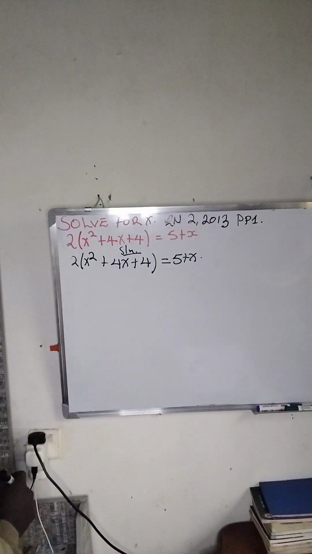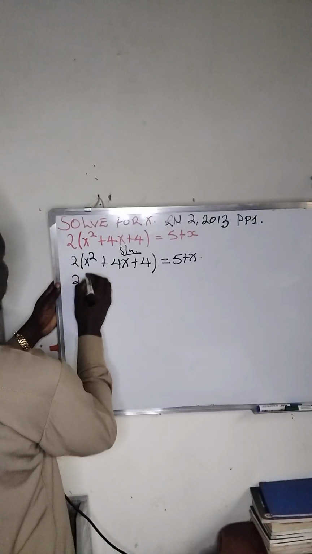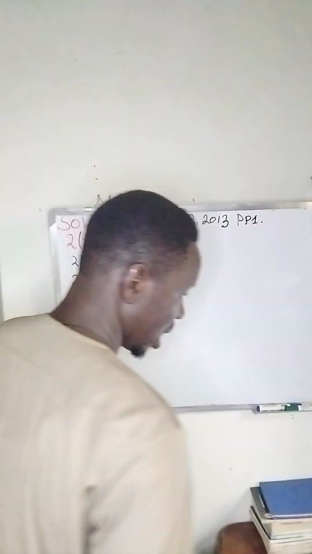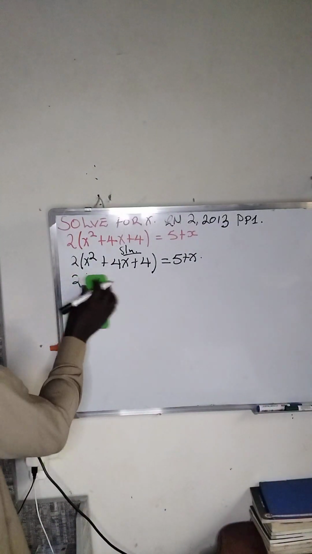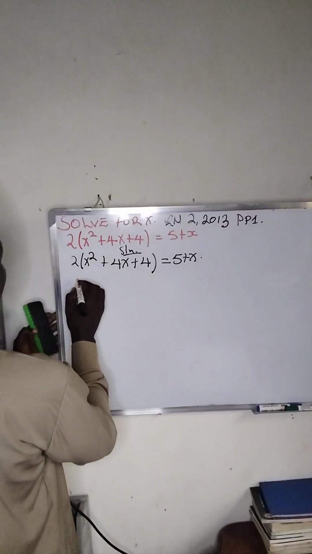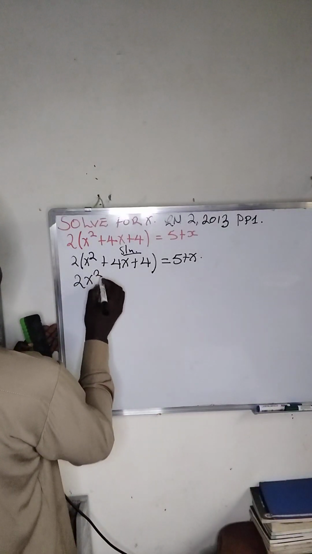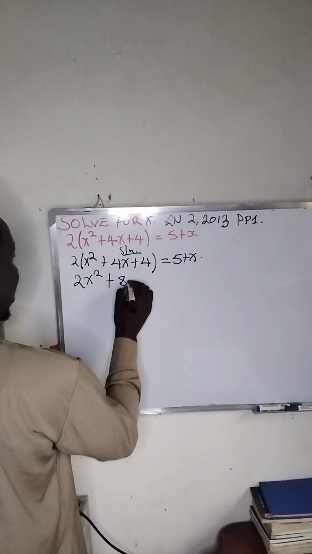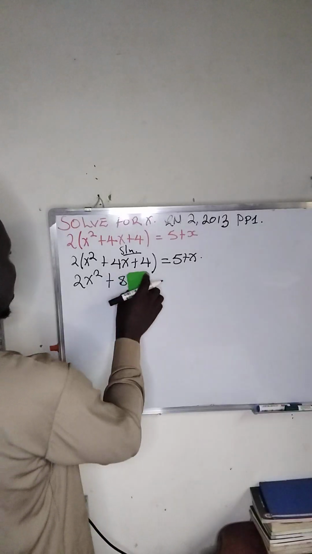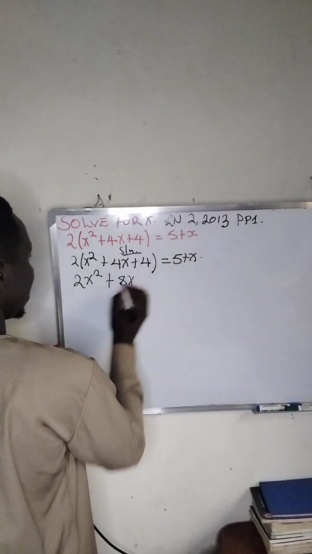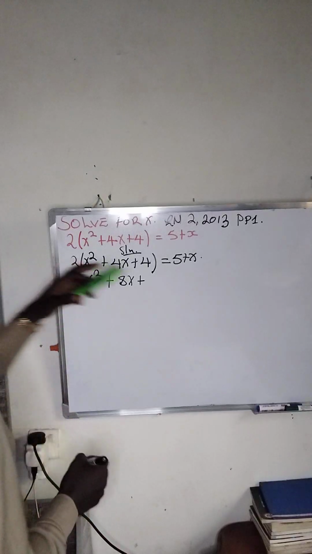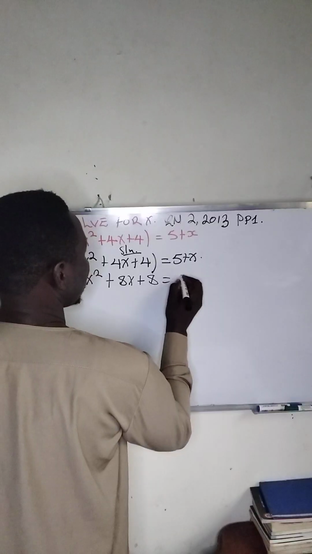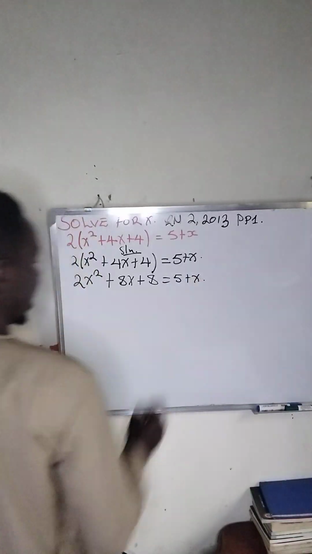Now we continue by opening the brackets. 2 into x squared is just 2x squared, plus 2 times 4x, which becomes 8x. Are we there? Yes. Plus 2 times 4, which becomes 8. Are we there? Now proceed with 5 plus x.